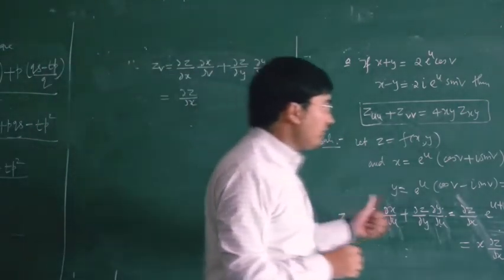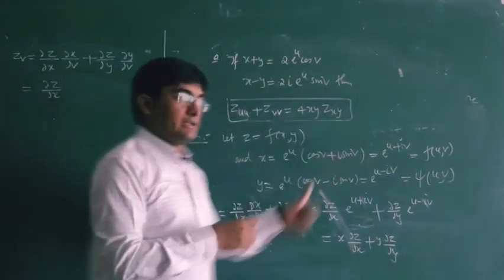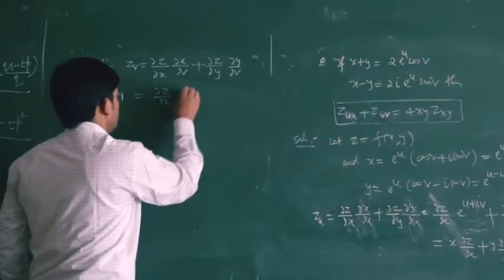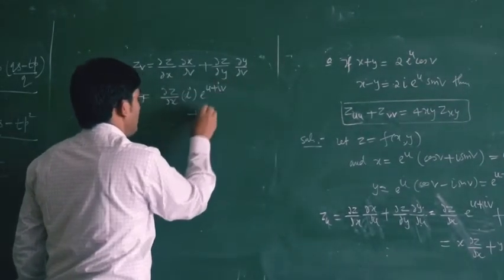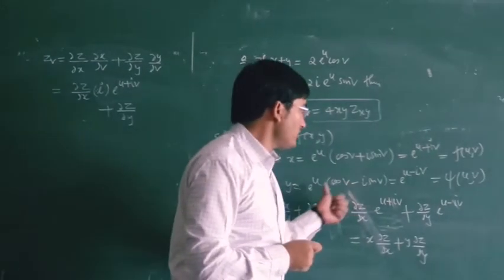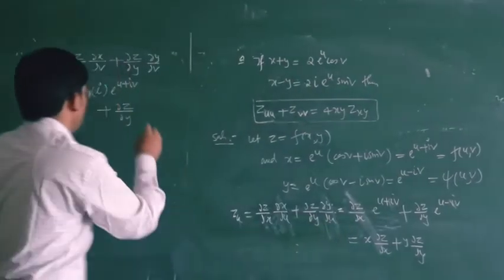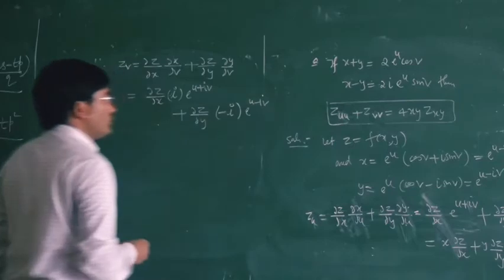Now del x upon del v will be, the partial differentiation of this x with respect to v will be i times e to power u plus iv. Then we have del z upon del y into del y upon del v. The partial differentiation of this y with respect to v is equal to minus i into e to power u minus iv.